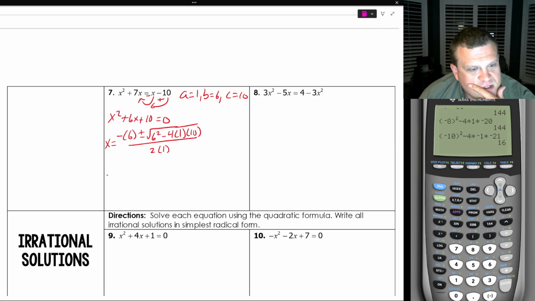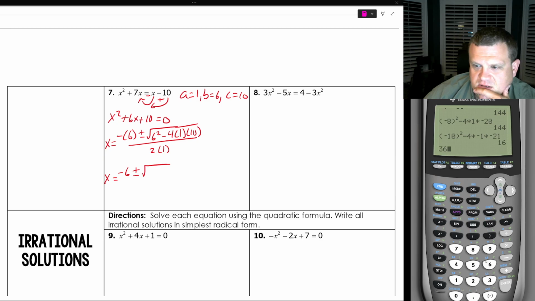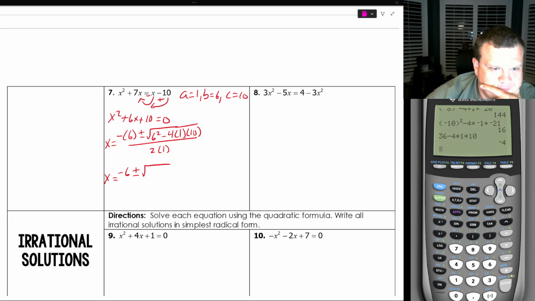So this becomes -6 plus or minus the square root of 36 minus 4 times 1 times 10, which is -4, over 2.